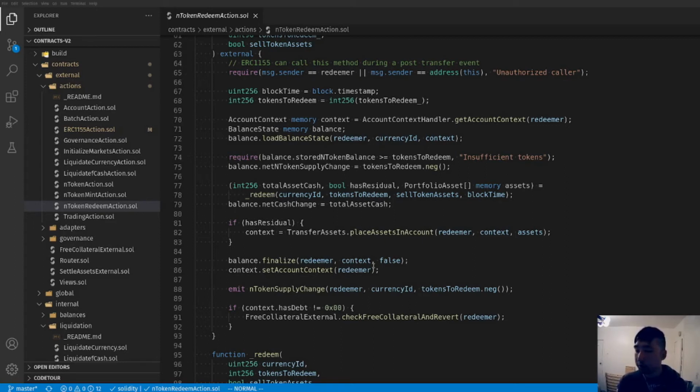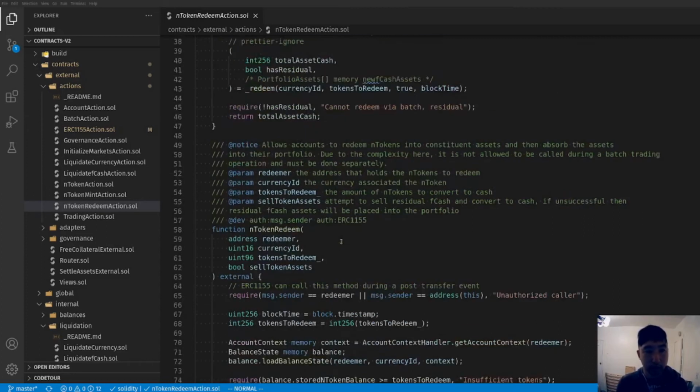Generally, we think most people will want to sell them off back into the Fcash markets so they get the max amount of cash back out, and they don't have these residual Fcash positions that are likely going to be fairly small and just clutter up their portfolio and be dust amounts.